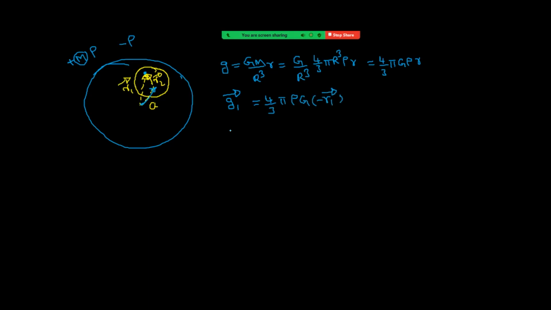It is attracting. Second one, G2 bar, because of the negative mass, 4 by 3 pi, rho is now minus rho, into G, into minus R2 bar. Okay. Now take the resultant of these two.